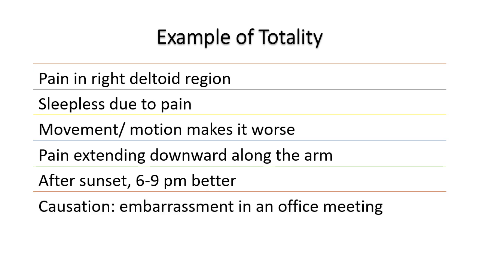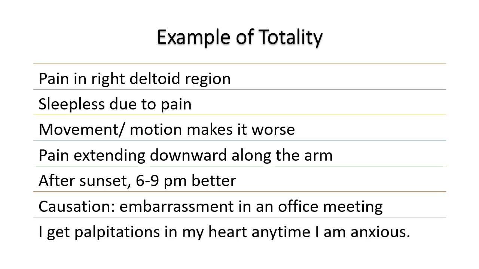And when we were using the patient's narrative, we find that he reports that it all started after he suffered an embarrassment in an office meeting. He was not prepared for the set of questions asked, and he felt as if he was deeply embarrassed by his failure. He also reports that he gets palpitations in the heart anytime that he is anxious.